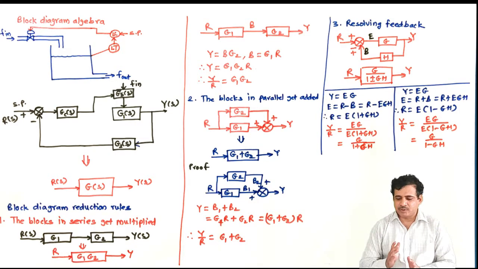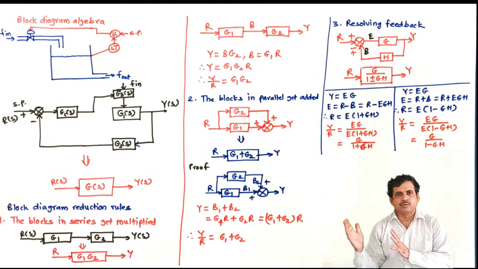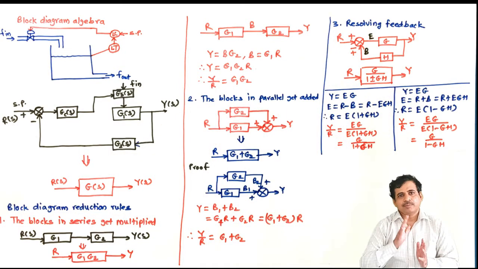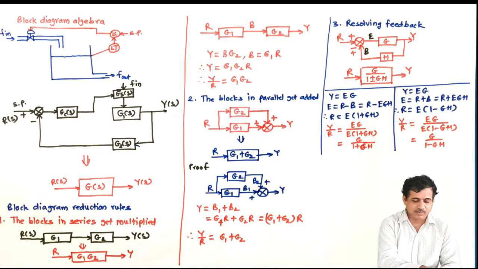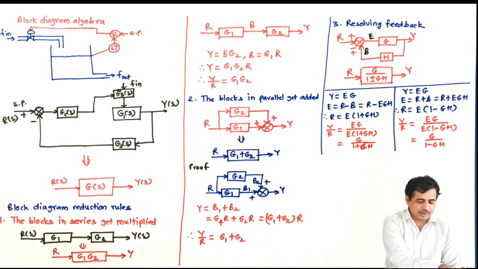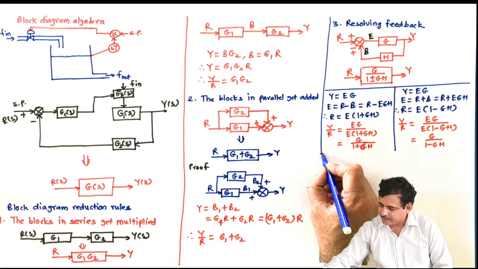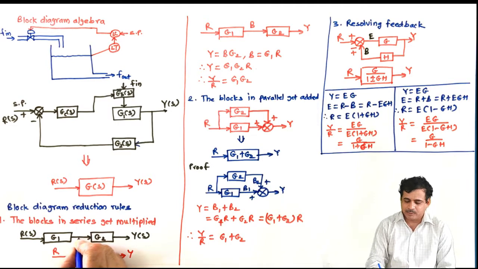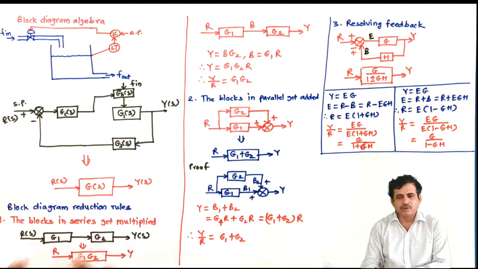If the system is not in these three configurations, then we have to bring it into either of the three. How? By using the further rules. Seven more rules are there. But one should understand what is meant by series. Now see, for example, if I put here a line like this, and a signal is moving somewhere or coming from somewhere, then these two will not be in series.